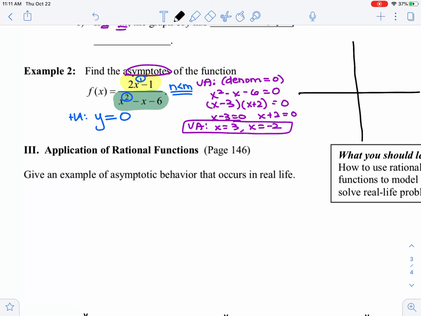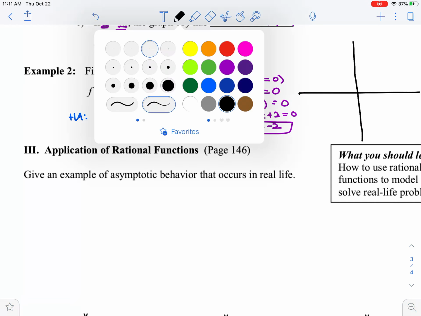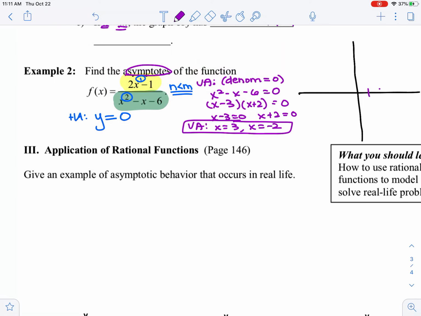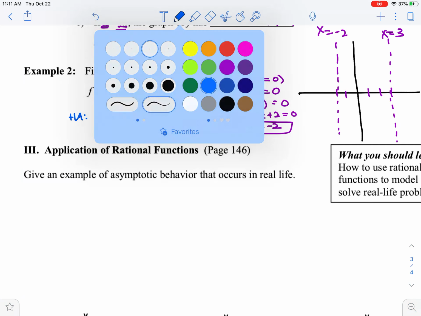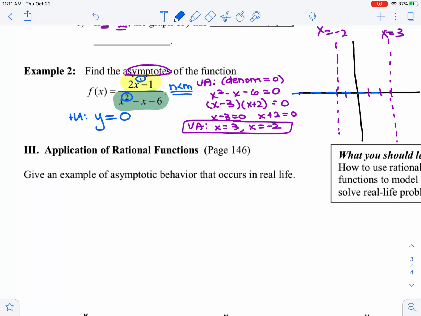If we graph our asymptotes, in purple I'm going to put my vertical asymptotes at x equals 3, where the graph cannot go through it; it literally doesn't have a value there. Also at x equals negative 2. Those are my vertical asymptotes, and my horizontal asymptote is at y equals 0, right here. The graph of f of x, we would pick values to flesh out what it looks like.